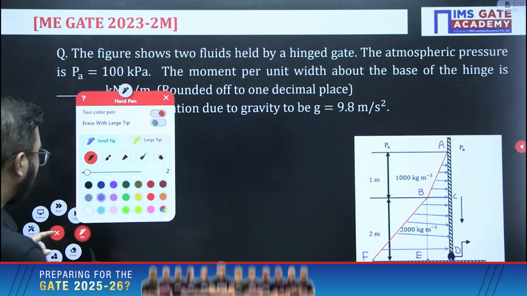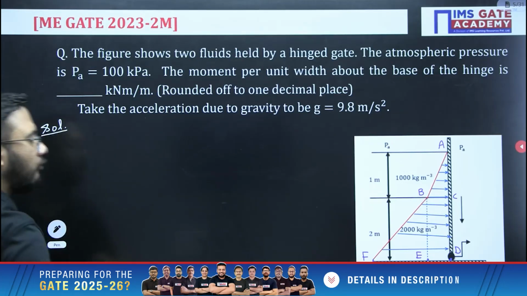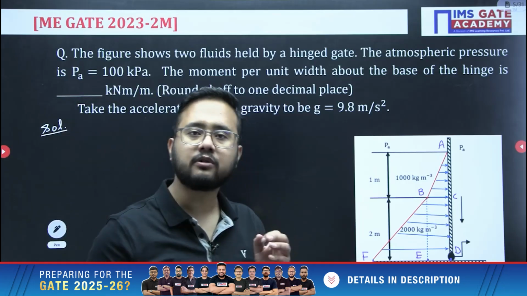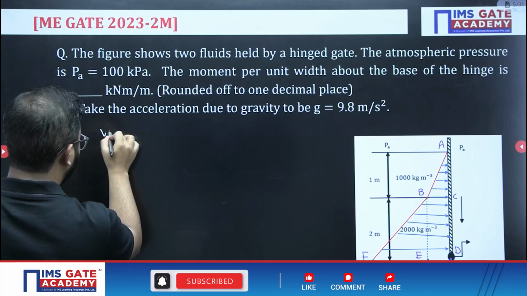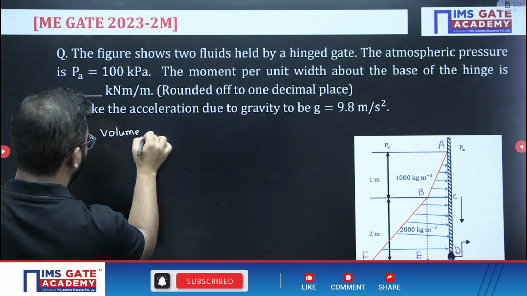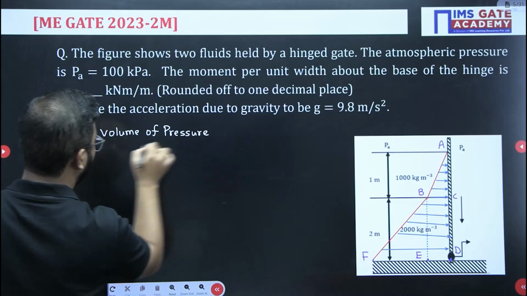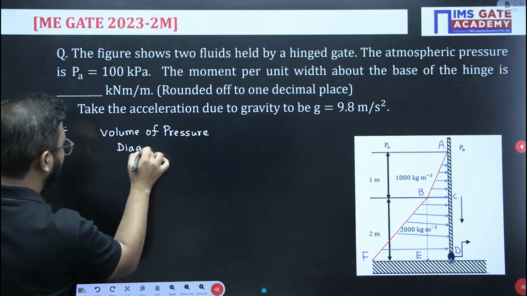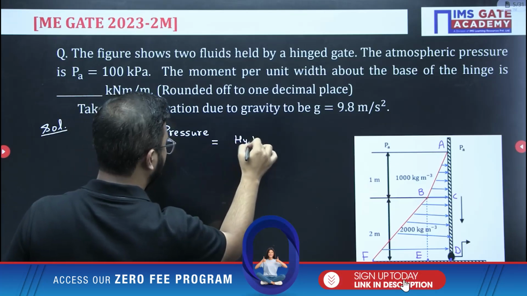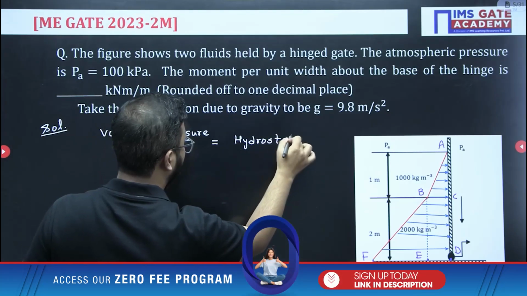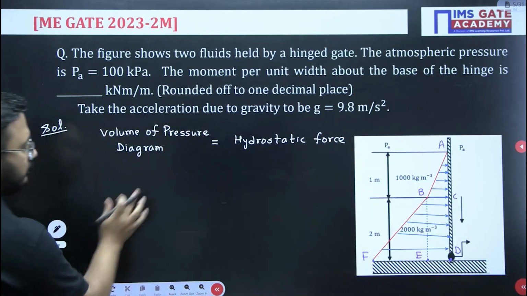Now, we will calculate the forces. Now, what is the concept here? The concept is the volume of the pressure diagram is equal to the hydrostatic force. So the concept that we will be writing here: volume of pressure diagram equals hydrostatic force.